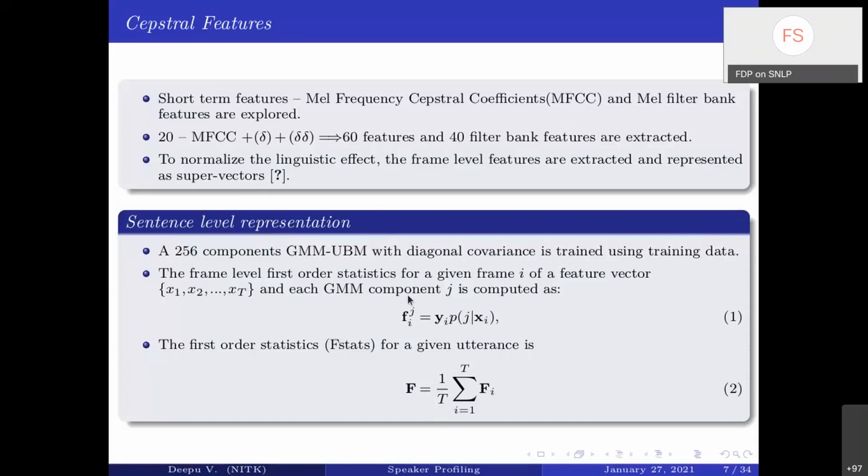For those of you who are familiar with speaker recognition, this is similar to what are called i-vectors or supervectors. So it's a very similar approach. We didn't want to do anything new here. We just wanted to take a speaker recognition approach and apply it here.